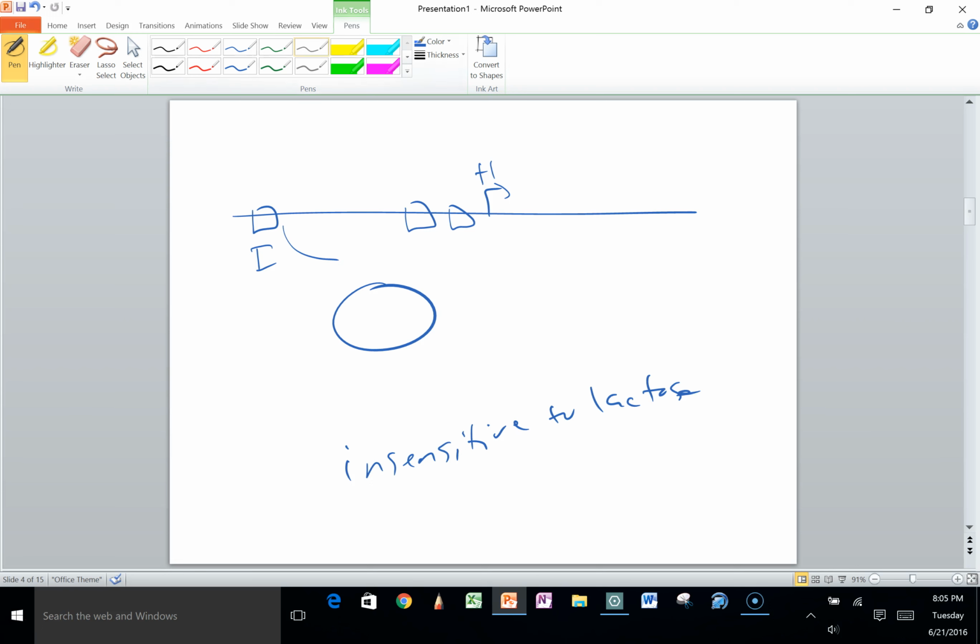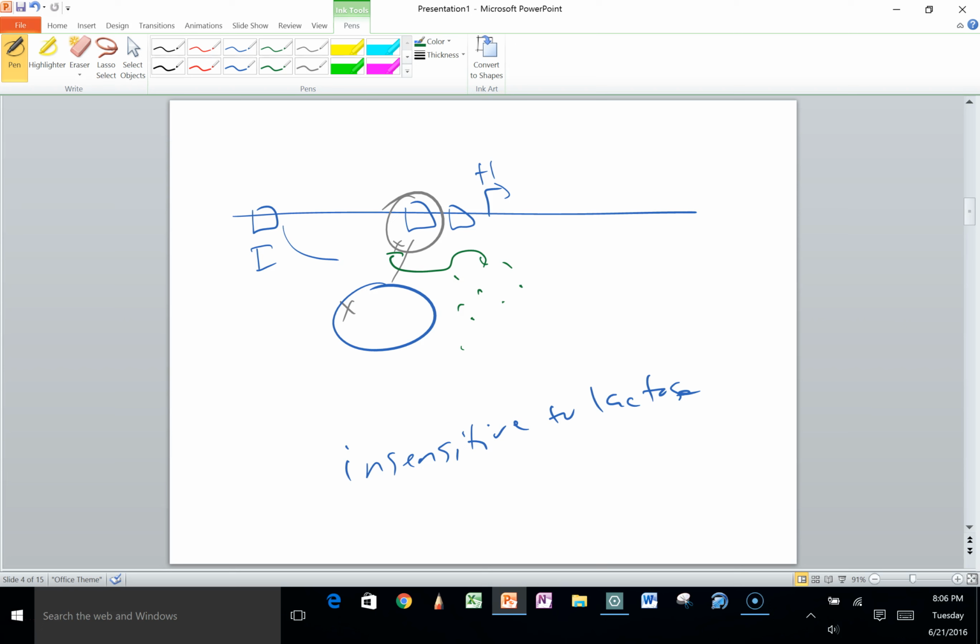So it actually has a mutation in the spot where lactose binds. So even in the absence of lactose, the repressor binds. But even in the presence of lactose, lactose would like to bind onto that repressor and cause it to let go. But it can't let go because the repressor has a mutation in the spot that usually binds lactose. So it's a super repressor, so it represses all the time.